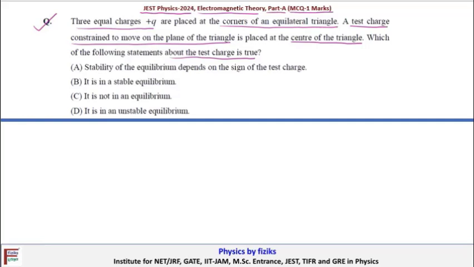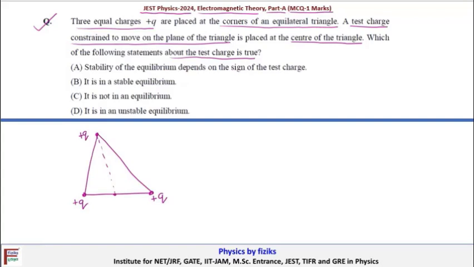So it is given that we have an equilateral triangle. So let's consider an equilateral triangle. This is an equilateral triangle, and there are plus q charges at each corner, and the center is found if we connect the vertex with the midpoint of the opposite side.